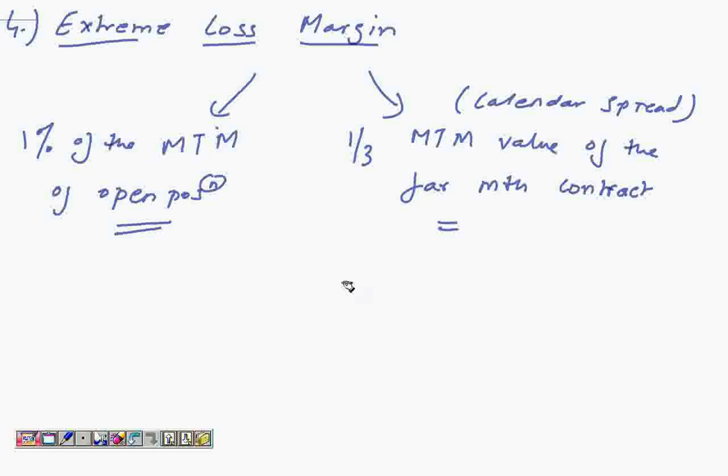Please do not get into the real nitty-gritties of these margins, because these are in any case very exhaustive topics and require deep understanding. But from the point of view of the NISM examination, what we've just covered would be more than enough and sufficient. What I have to do now is talk about the roles of the various parties in risk management, which I would like to take in the next video.